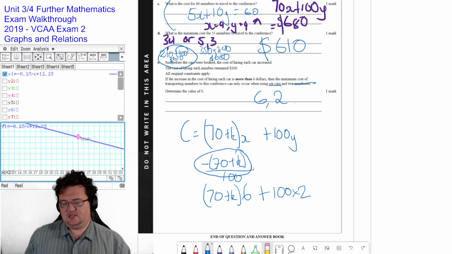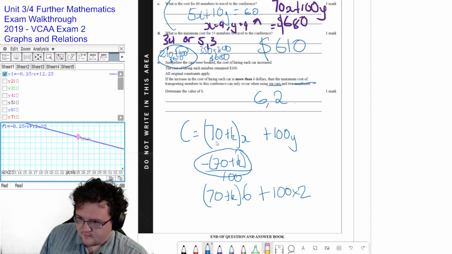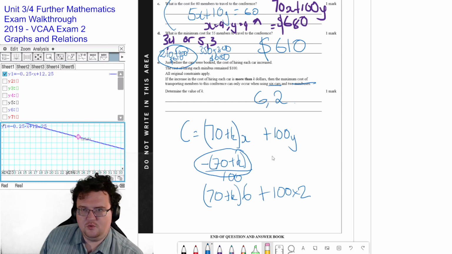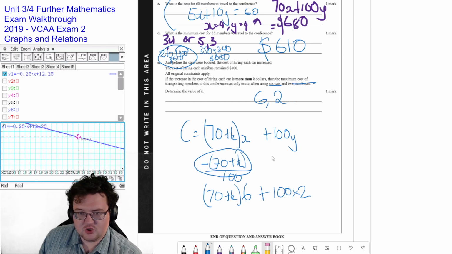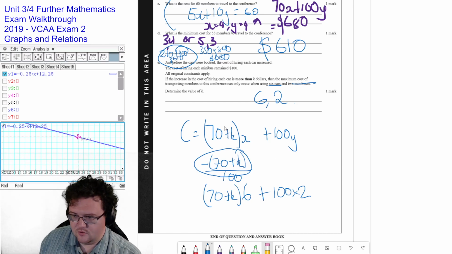Sorry, this one is actually a bit of a doozy. And this is the sort of question that you will be using to do sort of trial and error on your CAS. What we're going to do is figure out the maximum cost can only occur when using 6 cars and 2 minibuses.